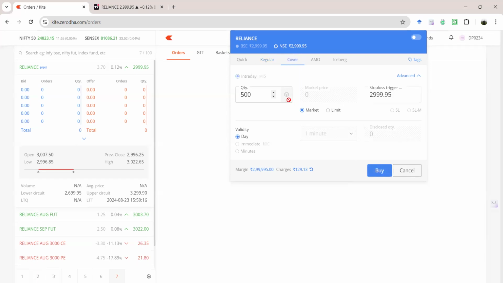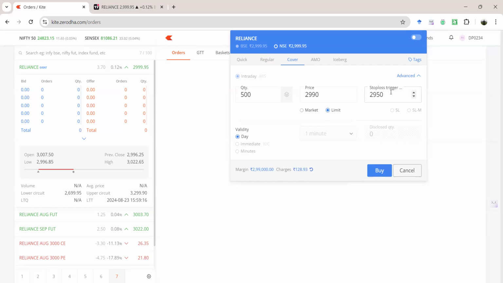What is a cover order? Here we are placing an order to buy. We can use either a limit order or a market order. Suppose we are placing a limit order to buy at 29.90 and our stop loss trigger is 29.50. What does this mean? We want to buy at 29.90 rupees and we are also placing a stop loss trigger.